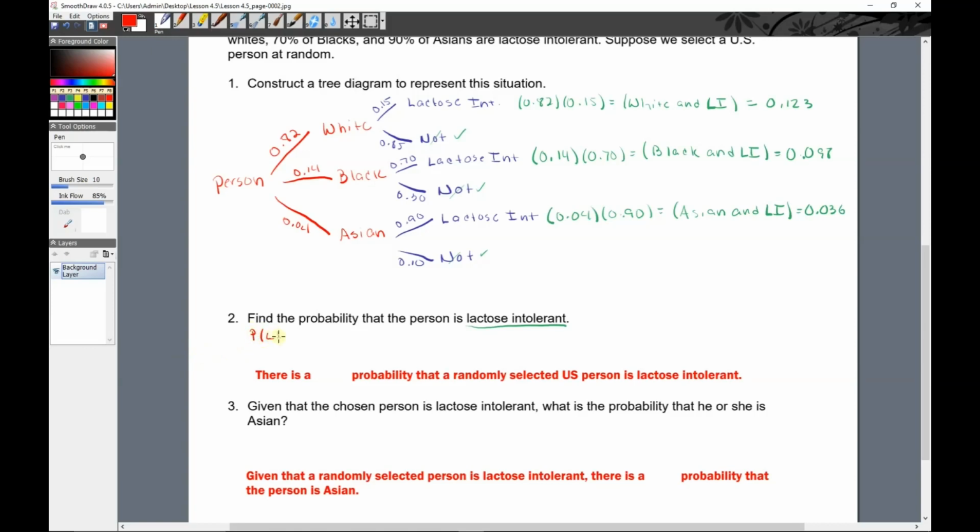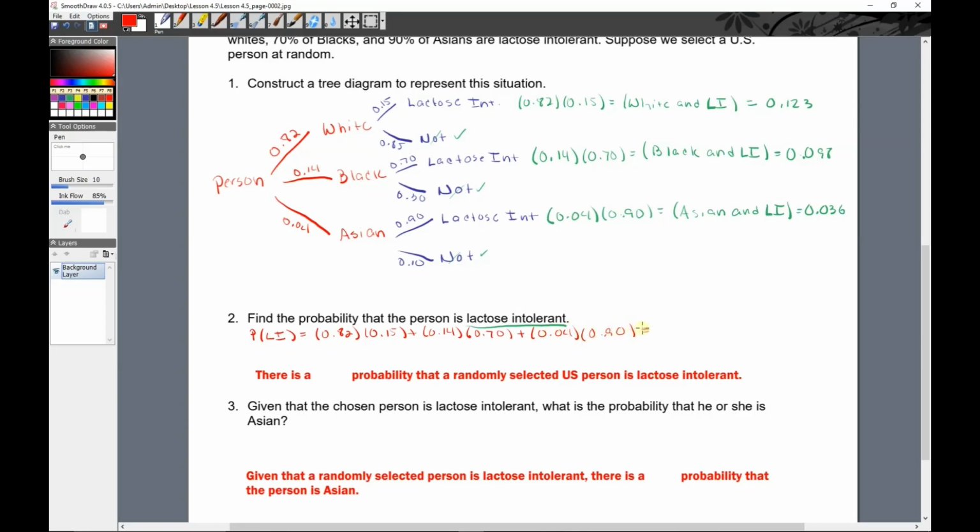Probability of lactose intolerant is going to be 0.82 times 0.15 plus 0.14 times 0.70 plus 0.04 times 0.90.